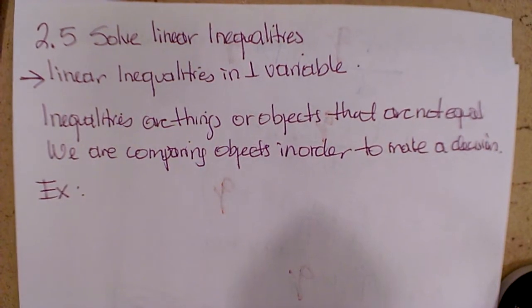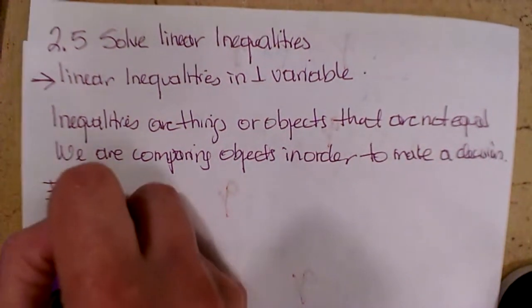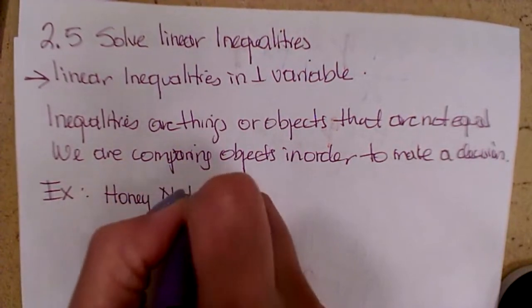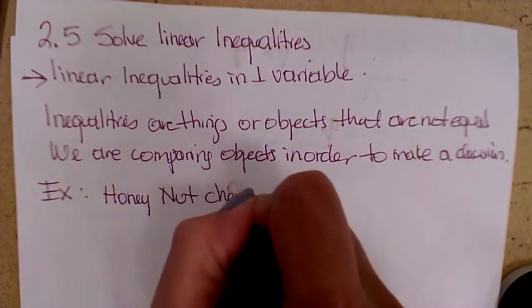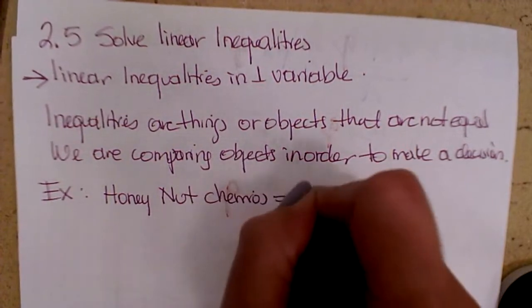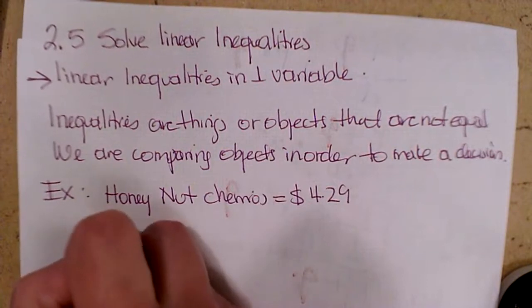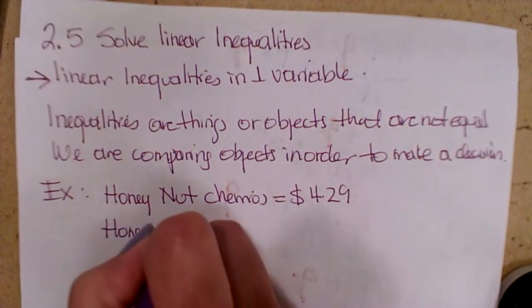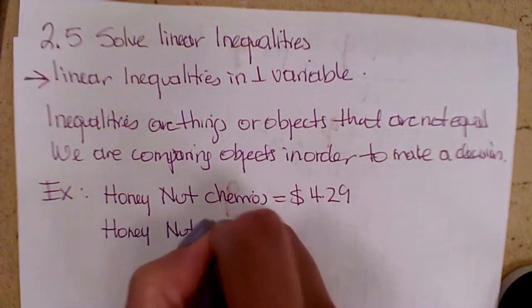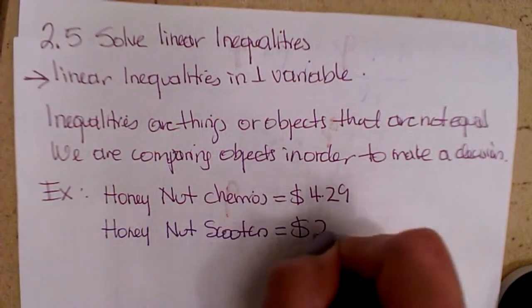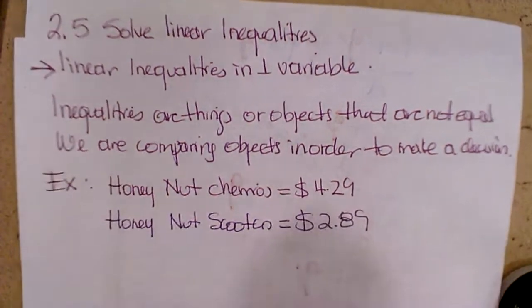One thing that I can compare is the prices. So for example, honey nut Cheerios is $4.29, and the honey nut scooters is what? $2.89.